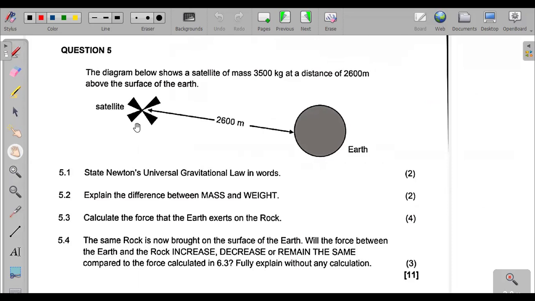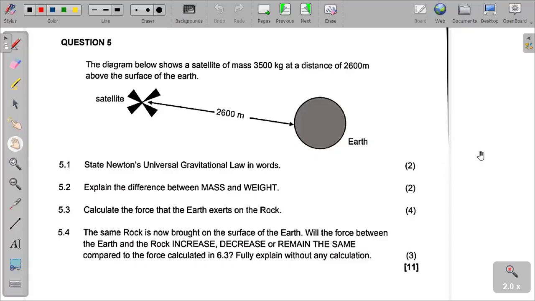So, just stating it directly, it states each body in the universe attracts every other body with a gravitational force that is directly proportional to the product of their masses and inversely proportional to the square of the distance between their centers. That's question 5.1 for us there.